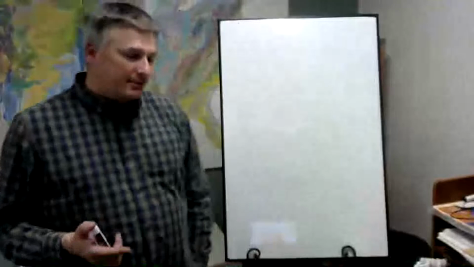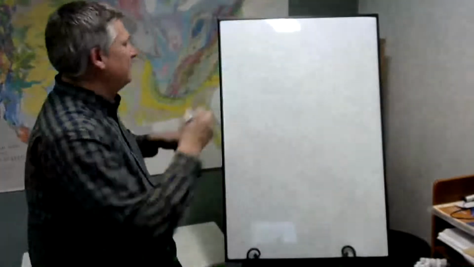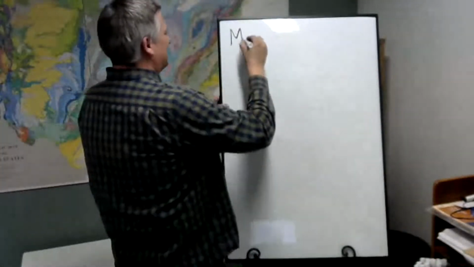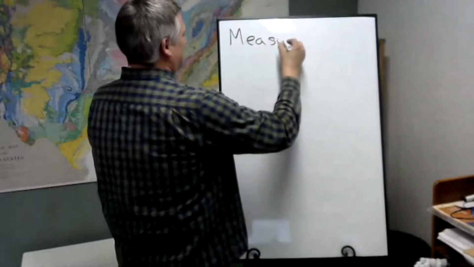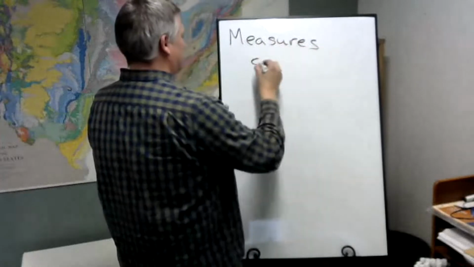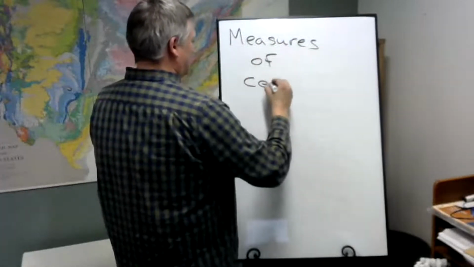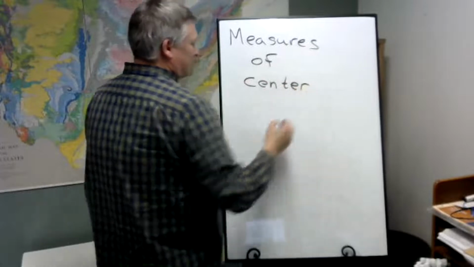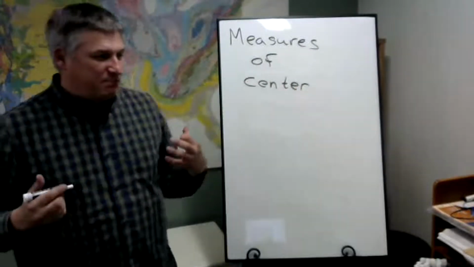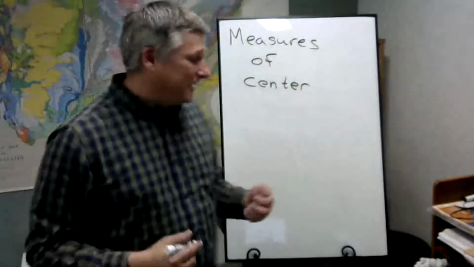So what I'm going to talk about are what are called measures of center. And a way of thinking of these measures of center, we're sort of looking for a way of balancing the data.